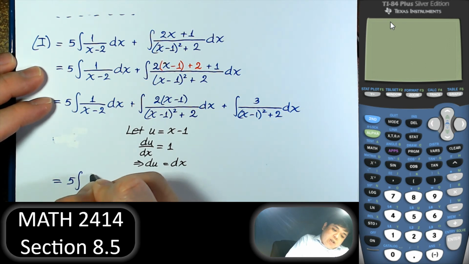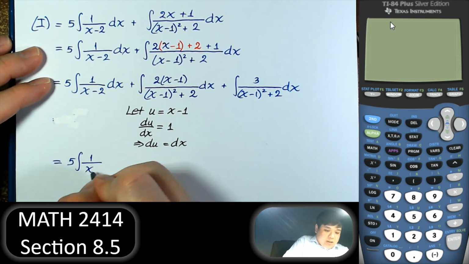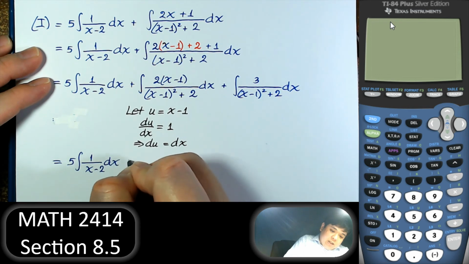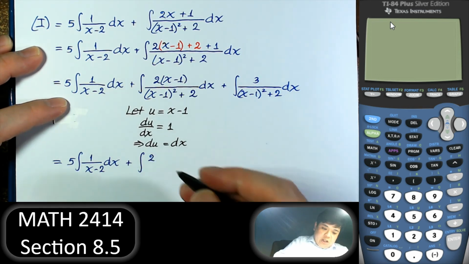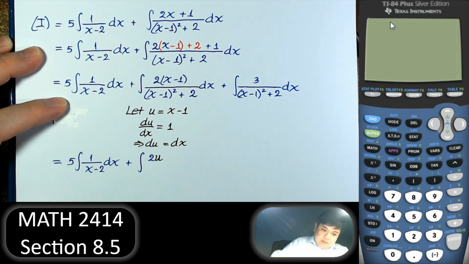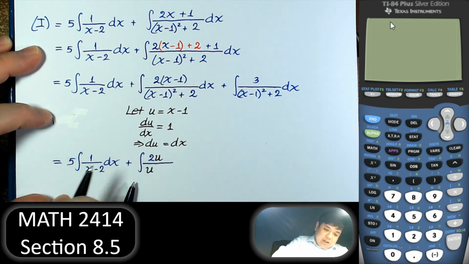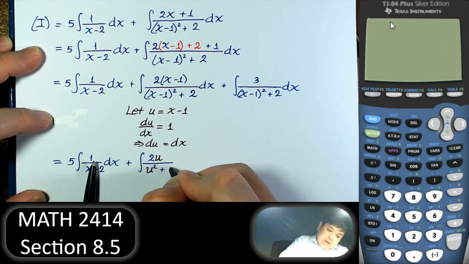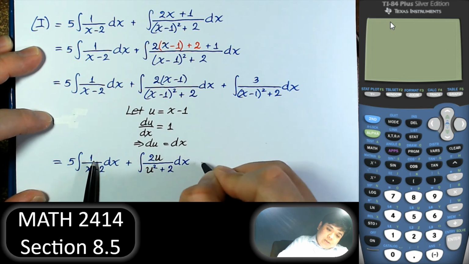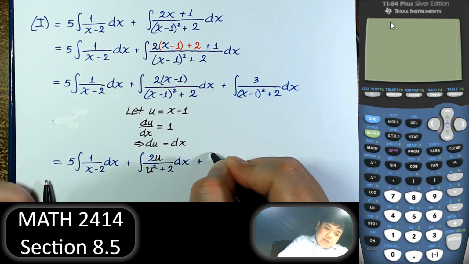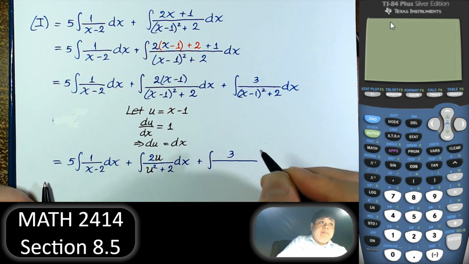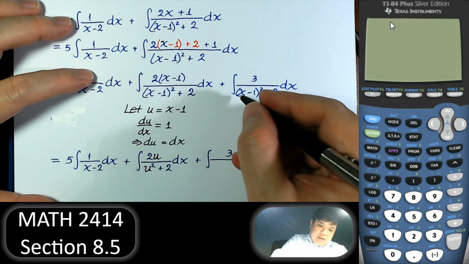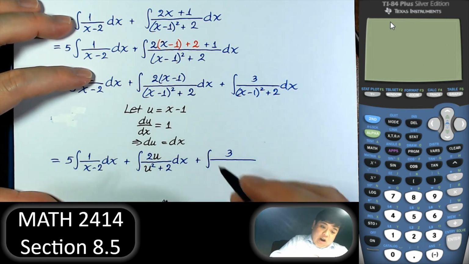The first integral is still 1 over x minus 2 dx. Now x minus 2 is u. X minus 1 once again is u. And then the bottom we have, I will write like this instead.